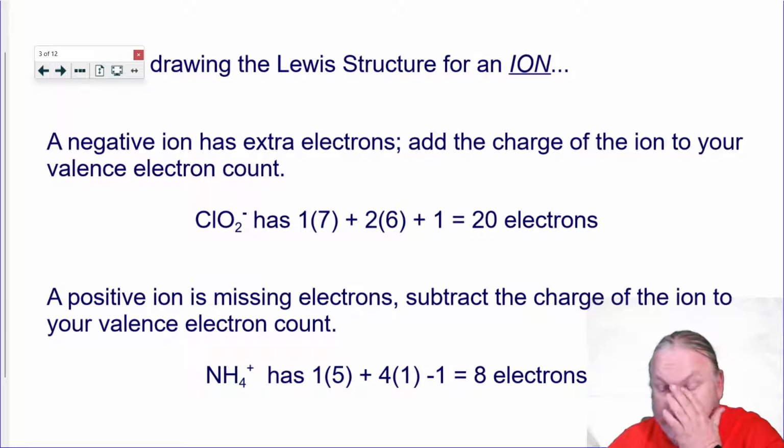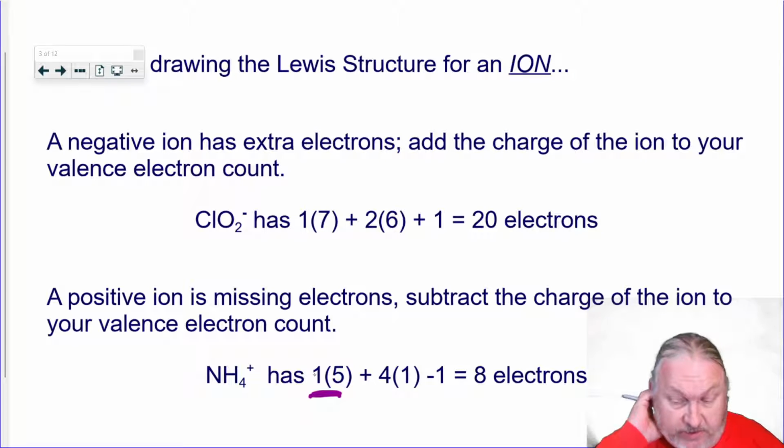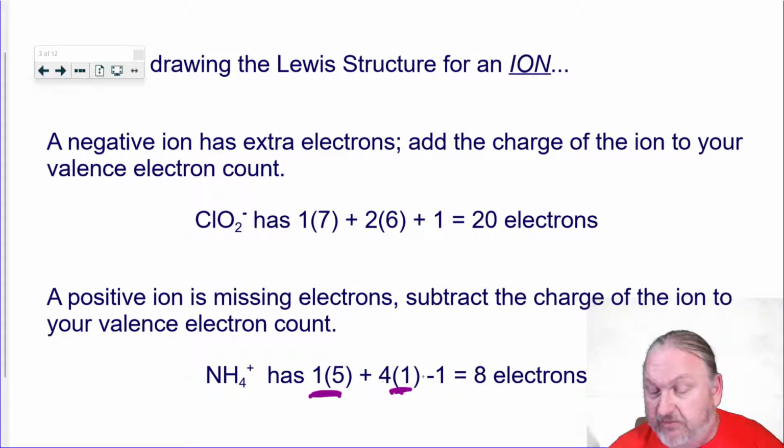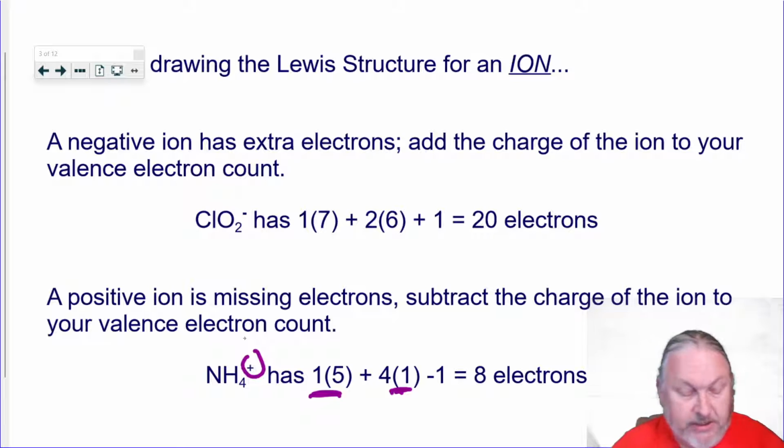So let's look at ammonium, NH4, 1 plus. Nitrogen has 5 valence electrons, and hydrogen has 1 each, so 4 of those. That's 5 plus 4, minus 1 to show the positive charge. So it has 8 valence electrons to draw.